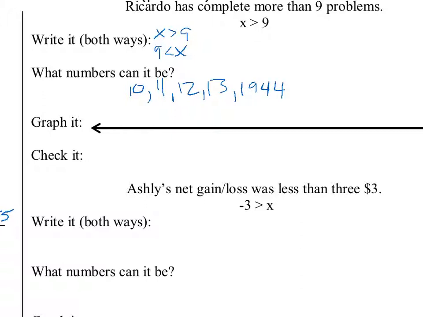Now, we could continue to list numbers into infinity. We could be writing on our paper all day long, and we would never write every possible value that is greater than 9. So, in order to graph the solution, the set of all values that make this statement true, we're going to start a number line down here.